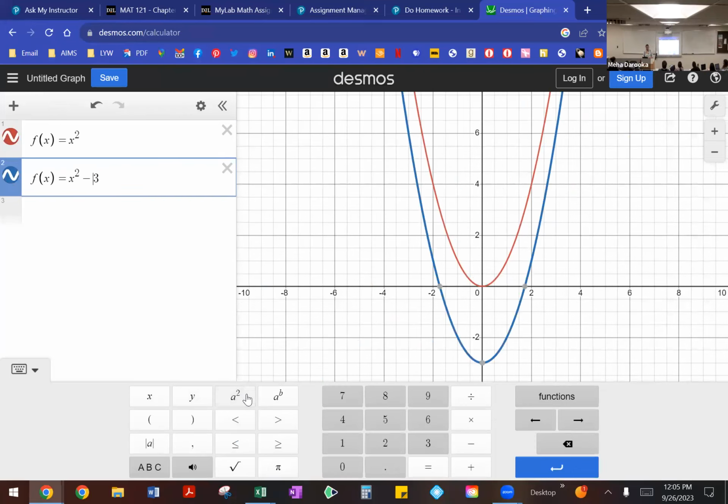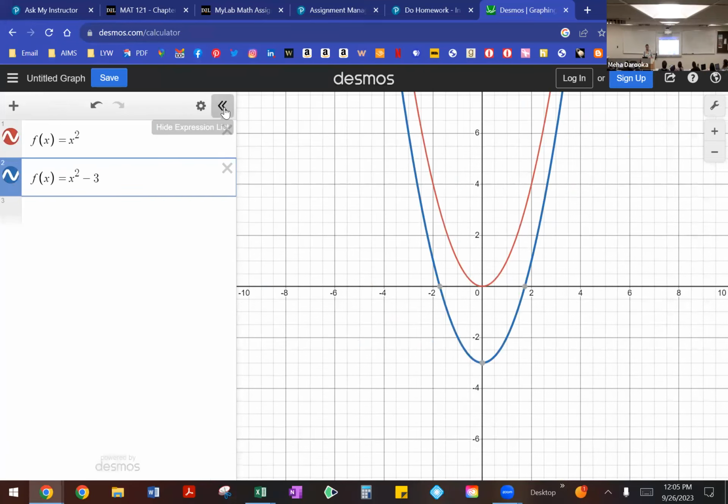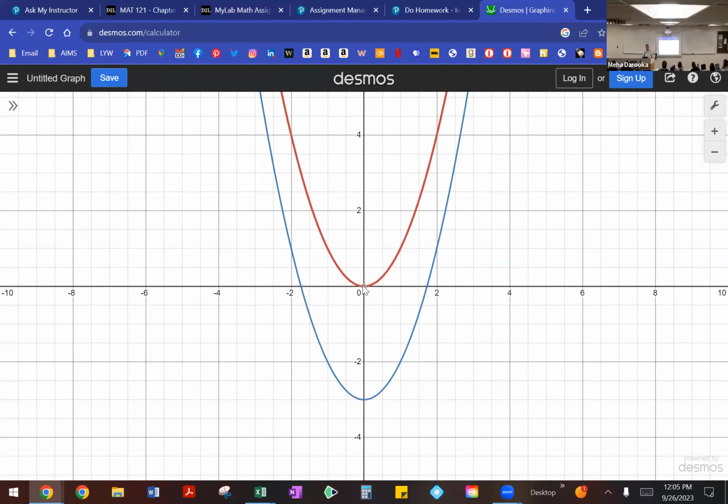Again, if we just use that lowest point 0, 0, you can see that one has been moved 3 units down. It literally just takes your graph and moves it 3 units down.